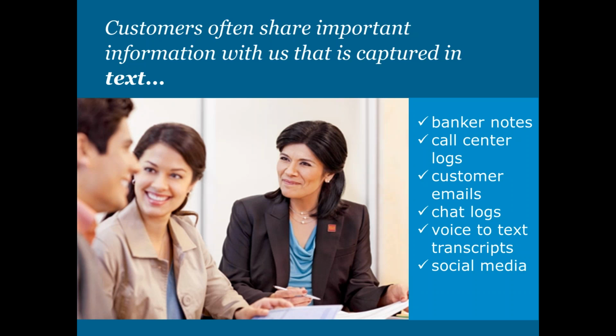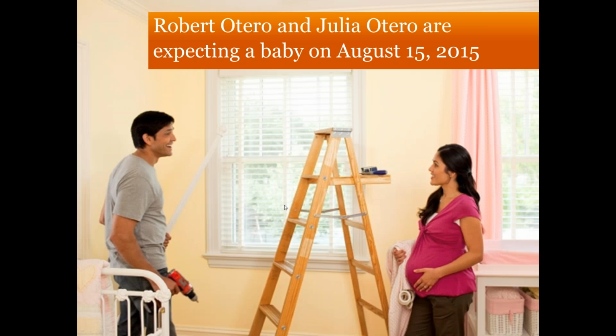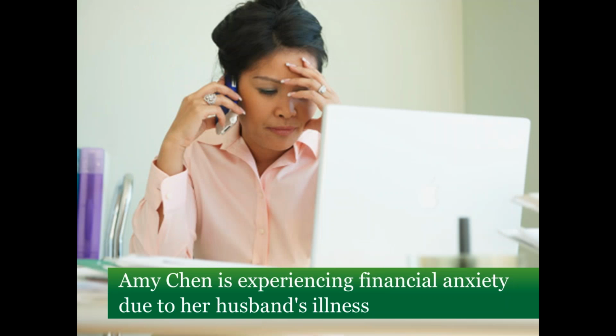So let's say, here are a couple of examples. Robert Otero and Julia are expecting a baby on August 15th. So they're telling someone in the organization that this is a major life event for them. Well, the organization needs to know about it, but often they don't capture that. Or Amy is experiencing financial anxiety because she can't pay the mortgage because of her husband's illness.